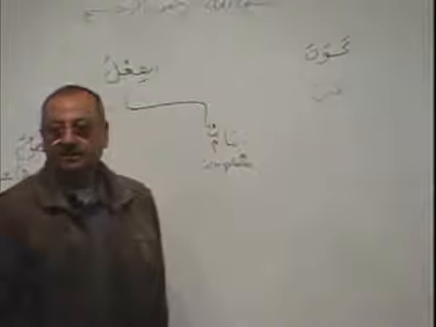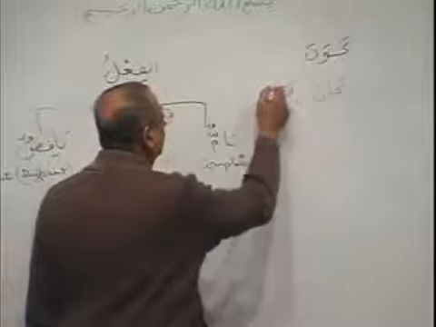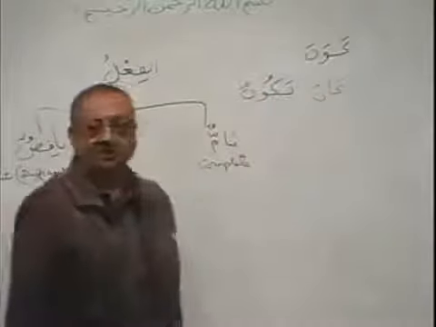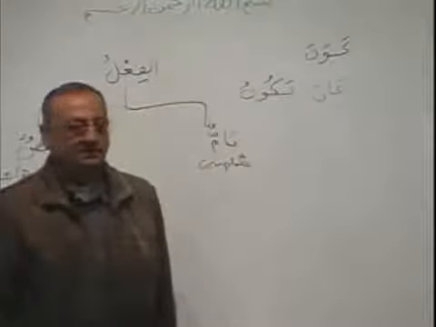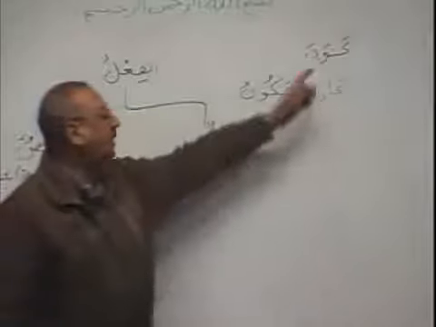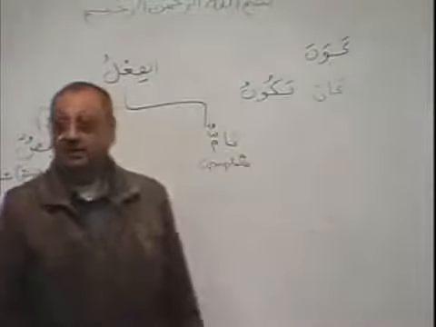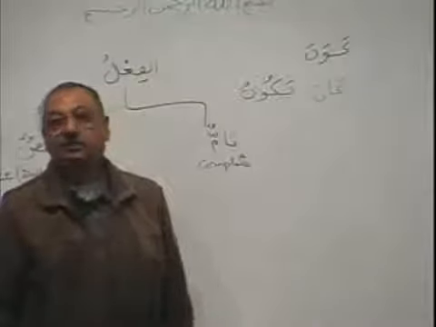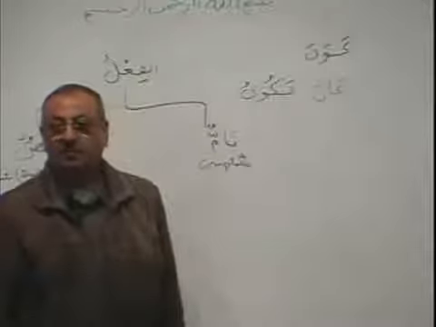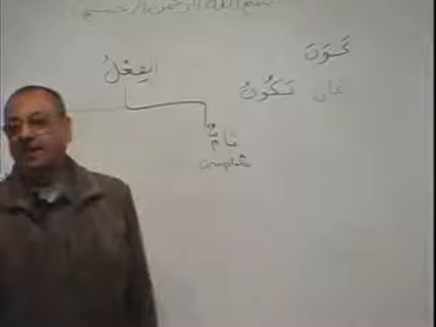What is the mudari? Yakunu. Are you with me, brothers and sisters? Now, this is a weak verb because in the middle there is a waw which changes into alif. So the conjugation will not be normal. We can only go up to 5.